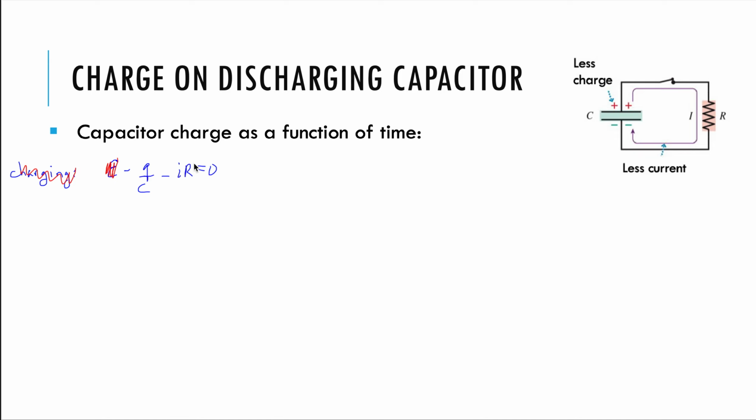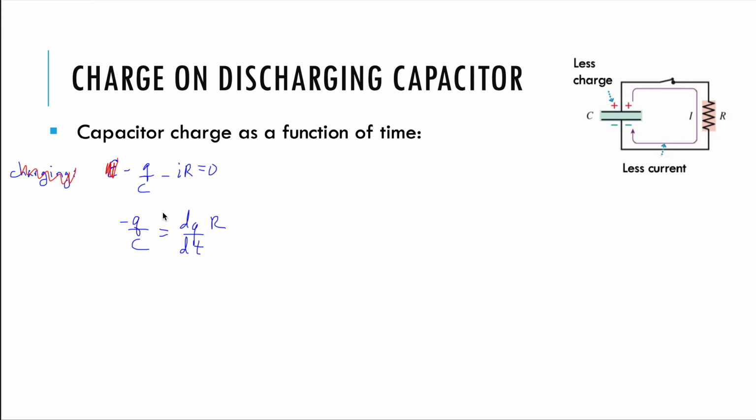And now we need to go ahead and isolate charge, and just like before, we know that the current here is dq over dt. So let's go ahead and do a little bit of math here. Minus q over C equals IR, but I is dq/dt.